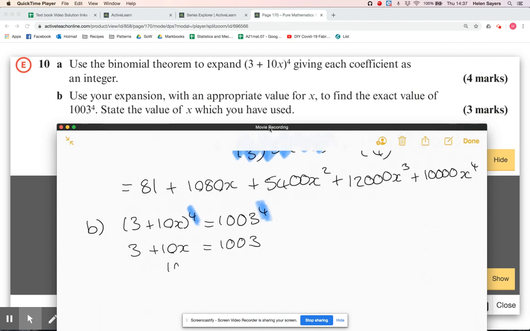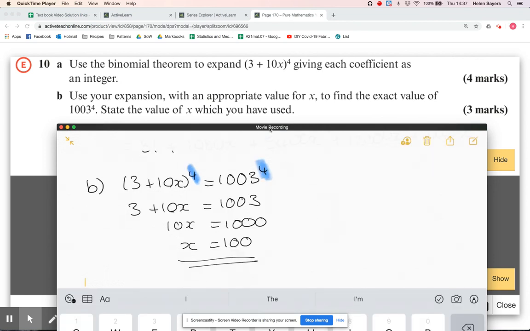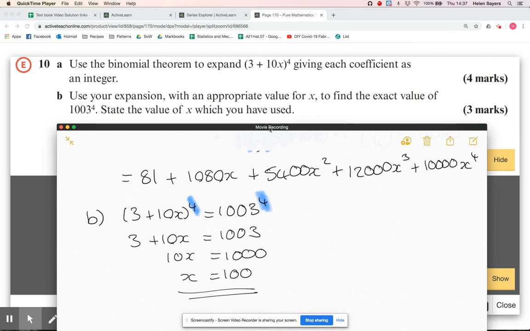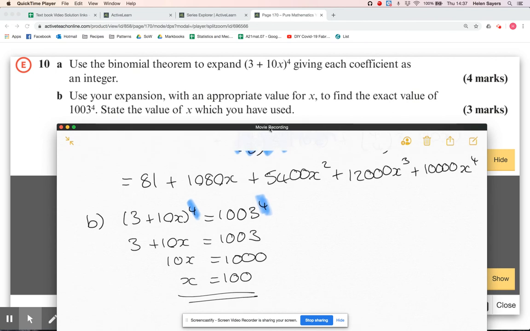So if I minus 3 from each side, and then divide by 10, I'm going to use x is 100. Yeah, that does work.